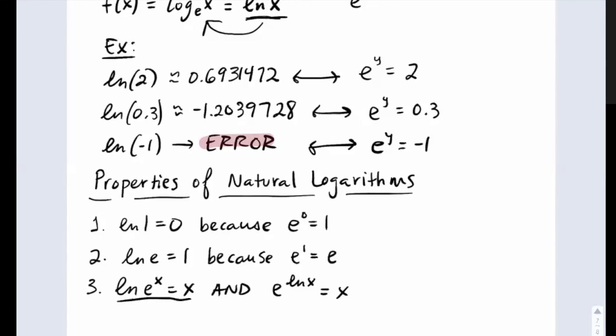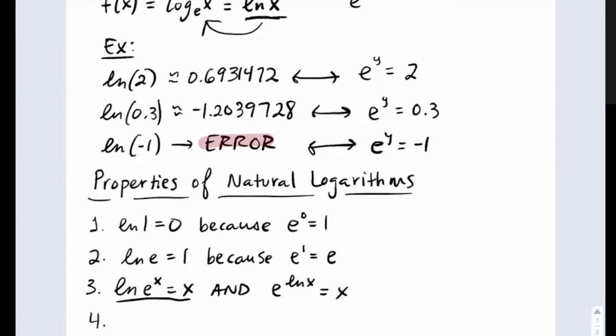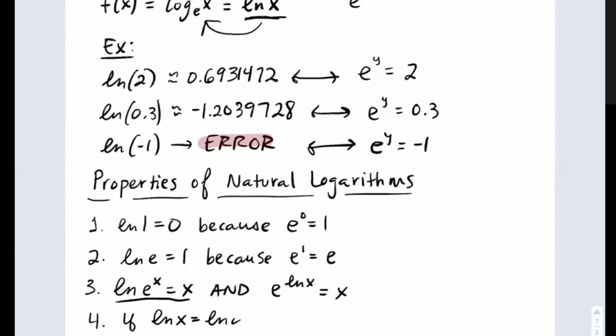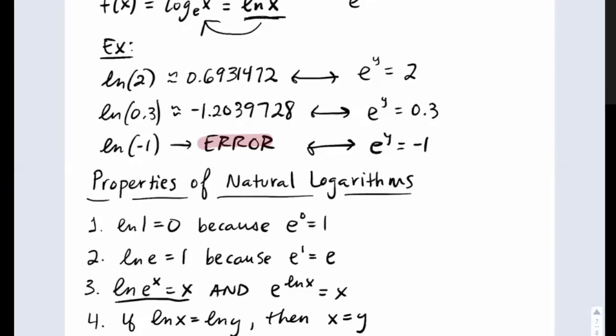If we're solving for x, you're going to have to use one of these two rules in order to isolate that x variable, and you'll see that in future sections. And the last property of natural logs is this: if ln of x equals ln of y, then that will only work if x and y are the same thing. Okay, so those are the properties of natural logs.